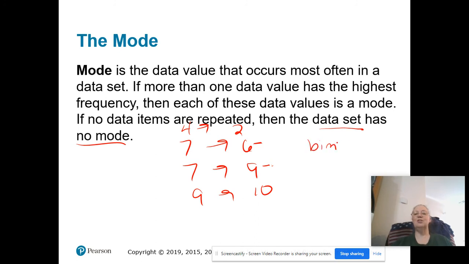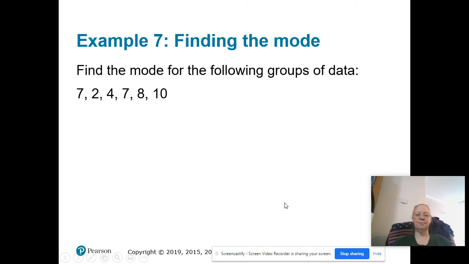There's actually 2 modes. Had we had 7 tens, we would call it trimodal. There's actually 3. To be honest, I don't think you're going to have to worry about it in this class, but if you ever see this word, that's what they're talking about: there are 2 items that happen the same amount of times that are the most often.